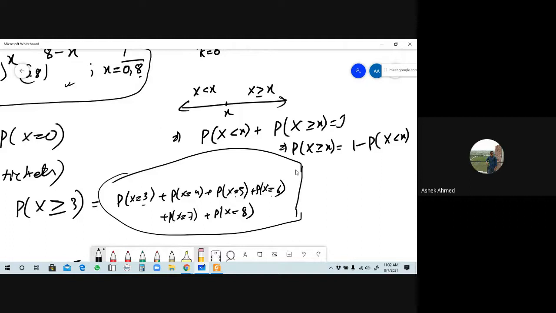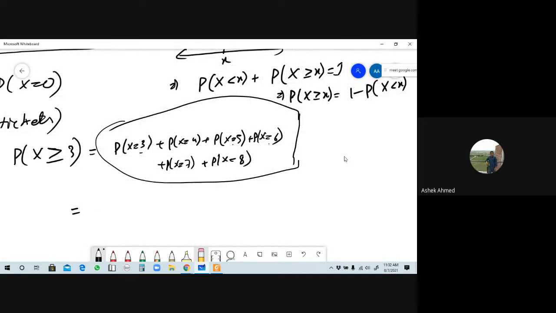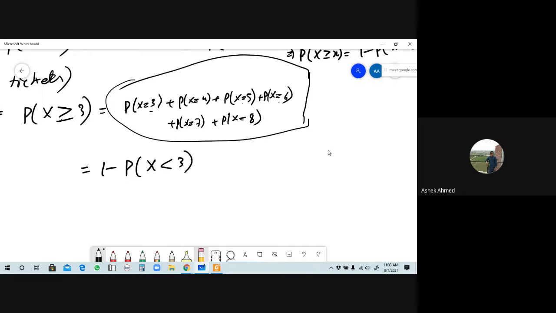Okay, so we can write this part in this way: 1 minus the probability of capital X less than 3. Since equal is there, this will not be equal. Understand? Response me. Now tell me, what do you mean by the probability of x less than 3? What will it be? You cannot say? Response me.